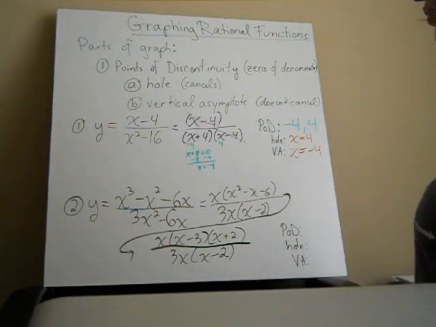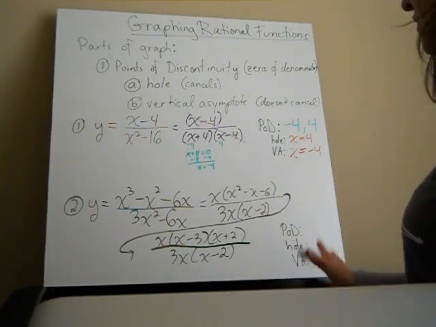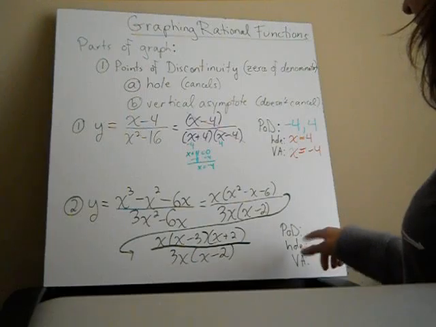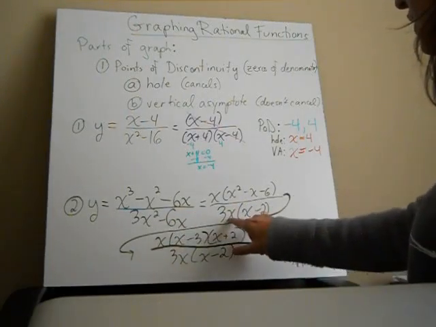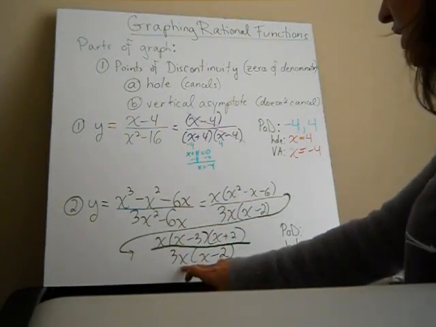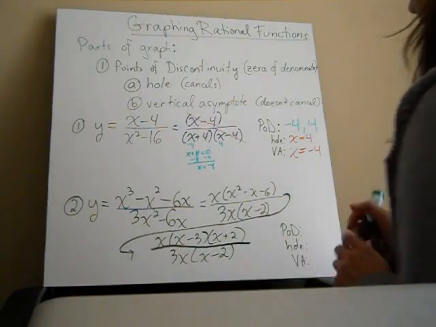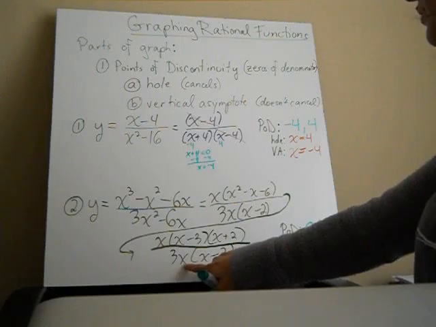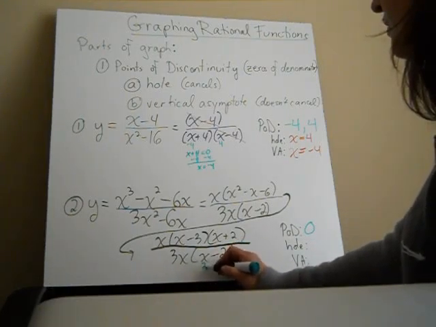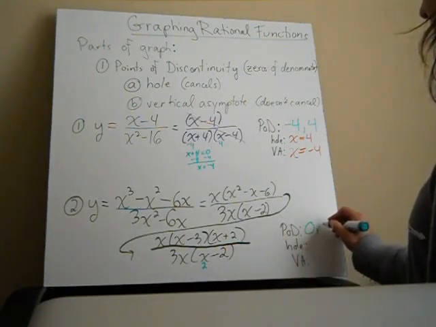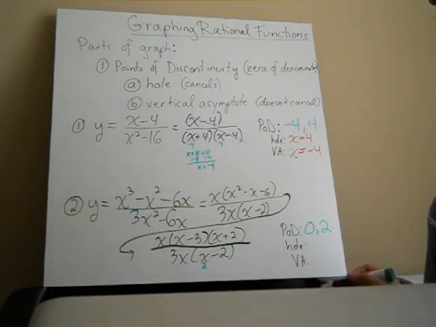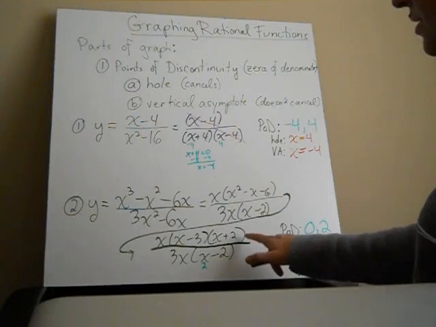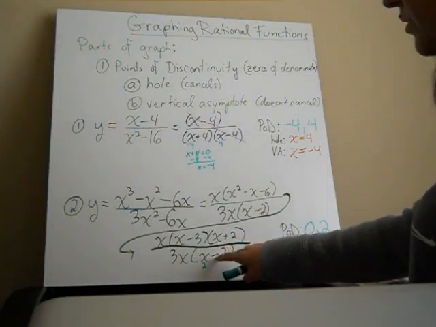Every zero of the denominator, so for every x, again we're looking at two different x's here. If x were 0, the denominator would be 0, so one point of discontinuity is when x is 0, and the other one is when x is 2. Our holes are anything that cancels, and a lot of students think, well, that's a plus 2, that's a minus 2.